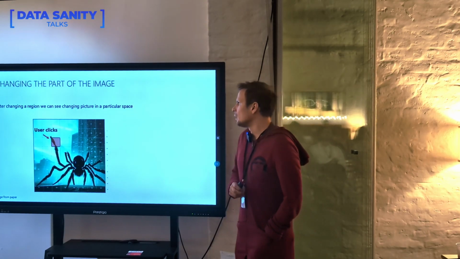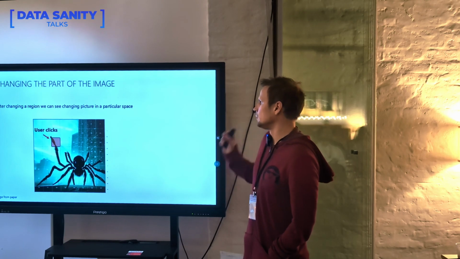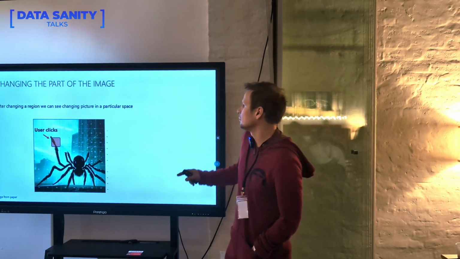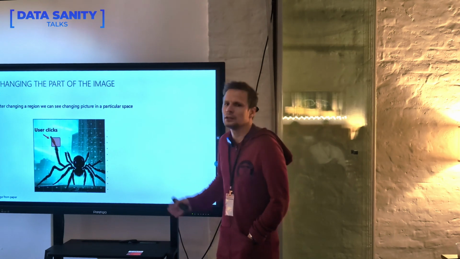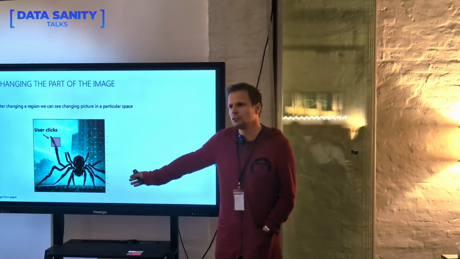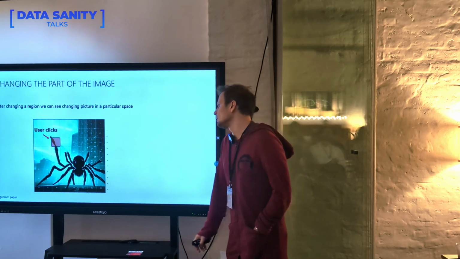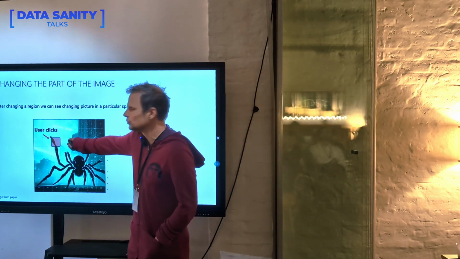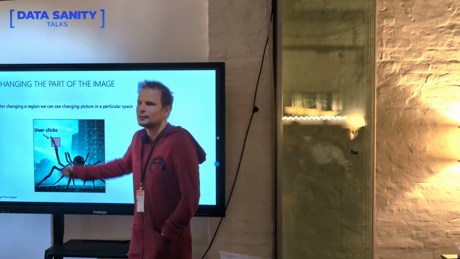For example, the user generates some guy and a spider near a modern building in a city, and it was generated by Stable Diffusion for him, but the user is not satisfied with this paw of the spider, with this leg.